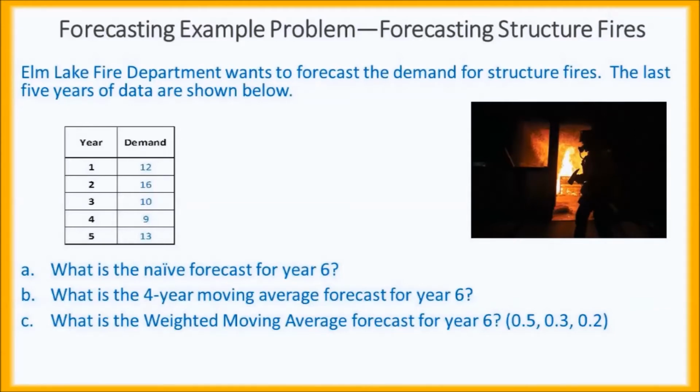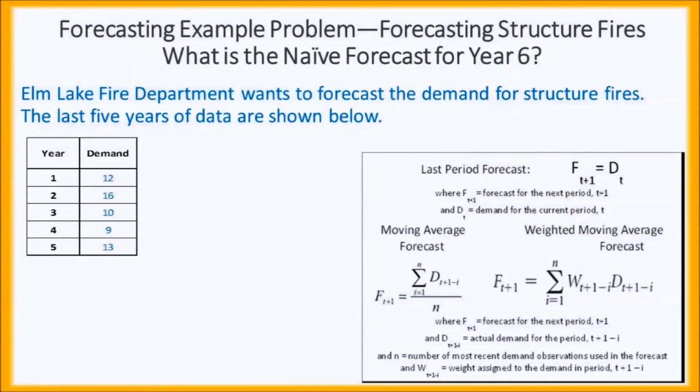In other words, in this year that we're in, year 5, there were 13 structure fires. We are trying to forecast how many structure fires we should plan for next year. So we're going to use 3 different forecasting methods: the naive forecast, a moving average forecast, and then the weighted moving average forecast.